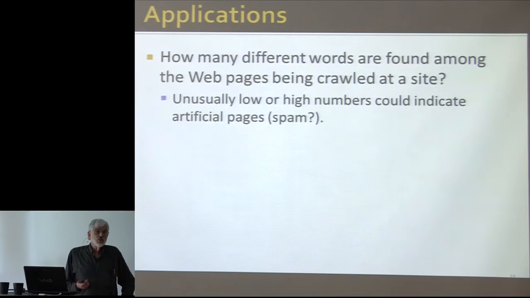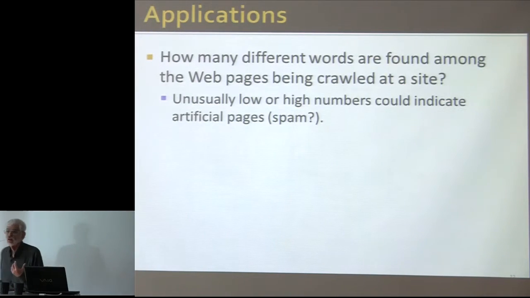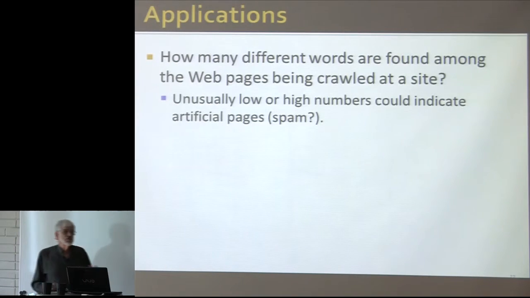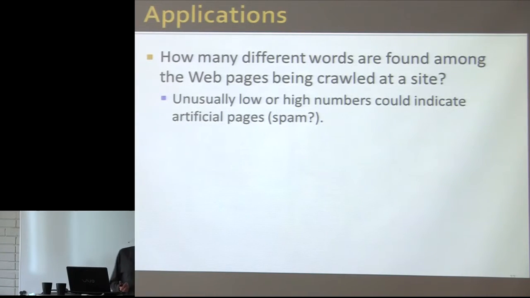What's an easy way to set up a site with 1 million fake pages? Just take some page from somewhere and duplicate it 1 million times. If you do that, the number of different words on that site is going to be really small, because every word that appears will appear at least 1 million times.